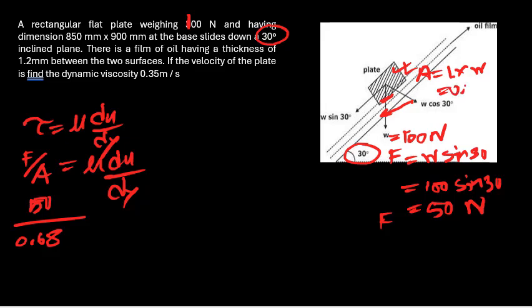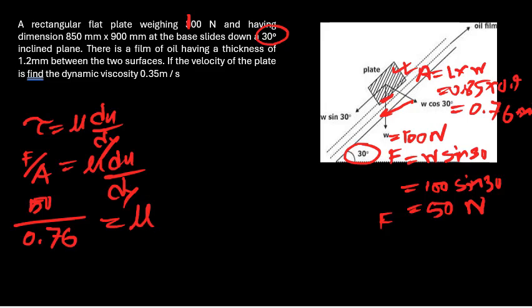It is 0.85 into 0.9, then after multiplying we'll get approximately 0.76 meter square.